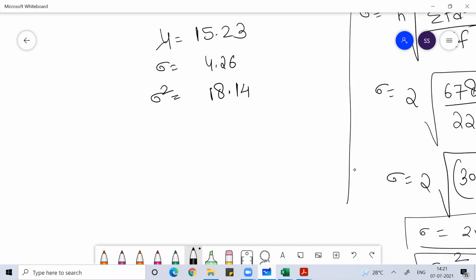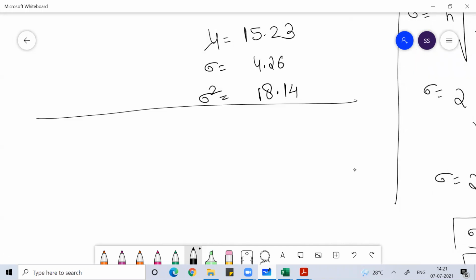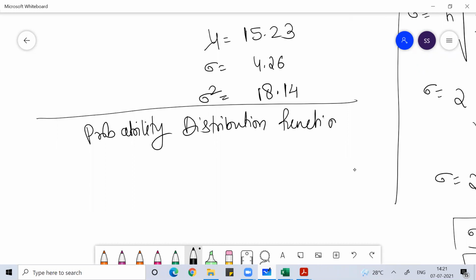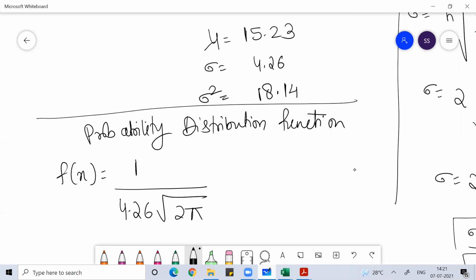Then once I get this value, guys, we can find the probability distribution function. This will be f(x) equals 1 by sigma root 2 pi, e to the power minus (x minus mu) whole square divided by 2 sigma square.